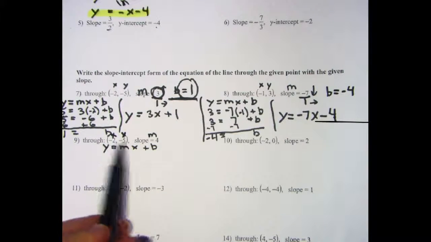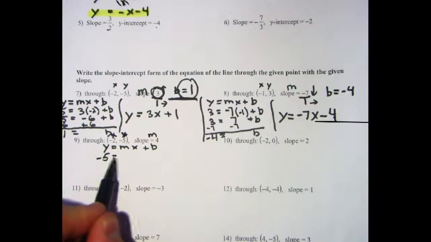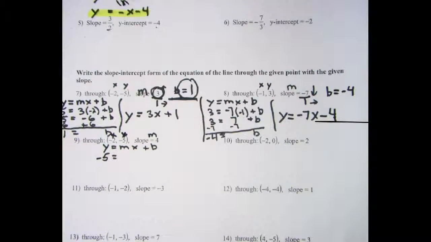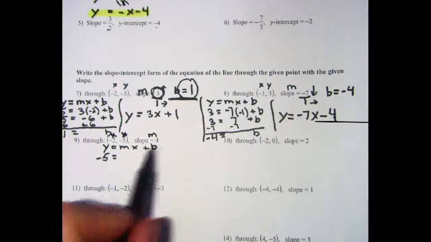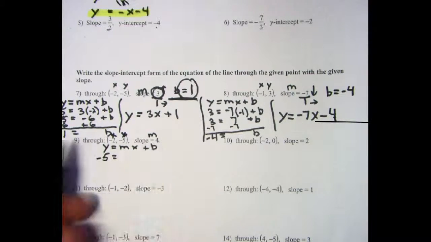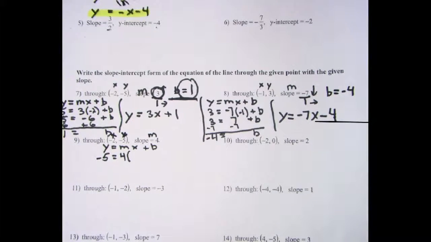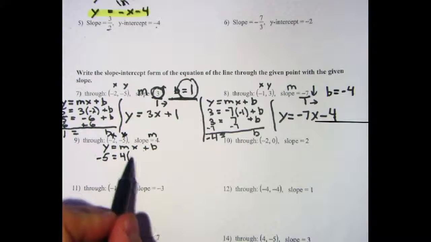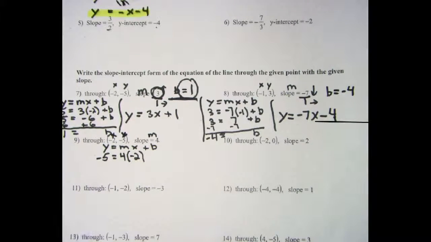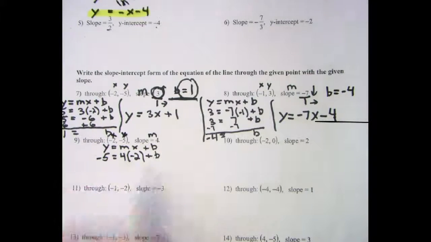Because this is x, this is y. So we got -5. What is m equal? What's m? 4, right here, right? Slope equals 4. What is x equal? -2. And plus b.